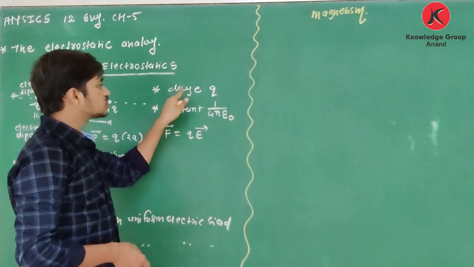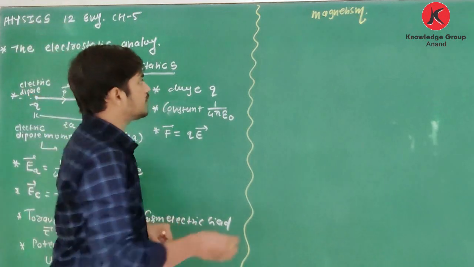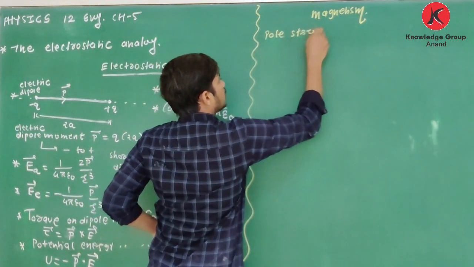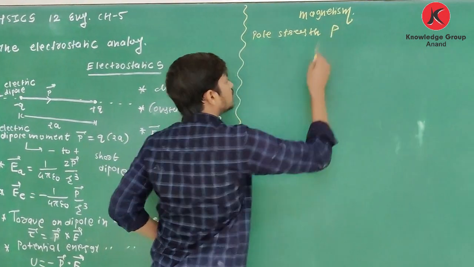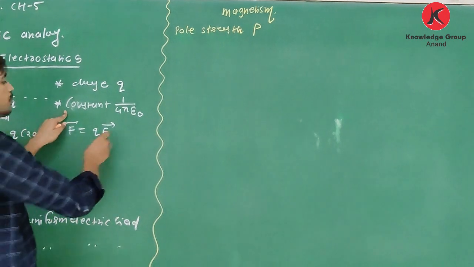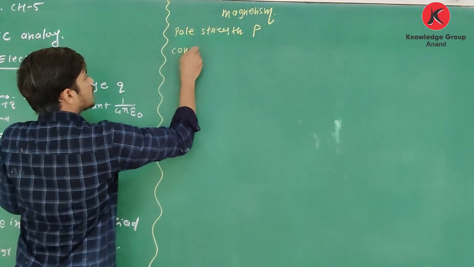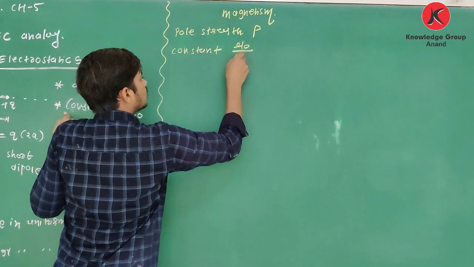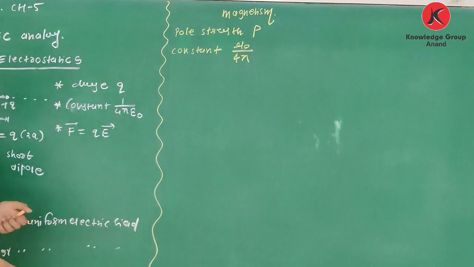We have to compare charge with pole strength, denoted by P. In electrostatics, the constant used is 1 upon 4 pi epsilon 0. Here we have to use the constant mu 0 upon 4 pi. Clear about this?